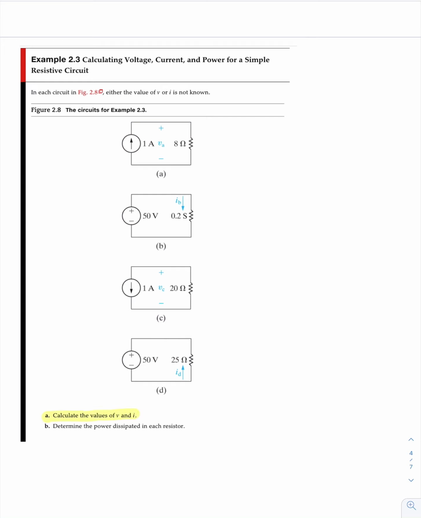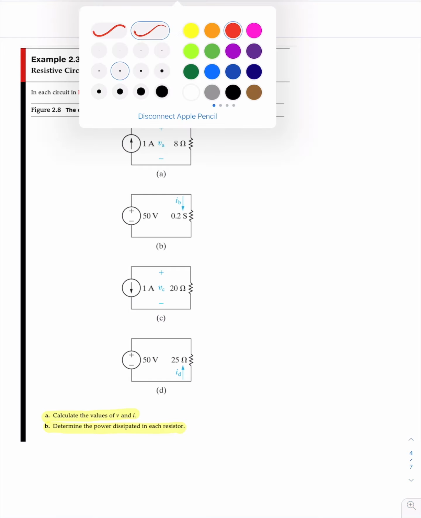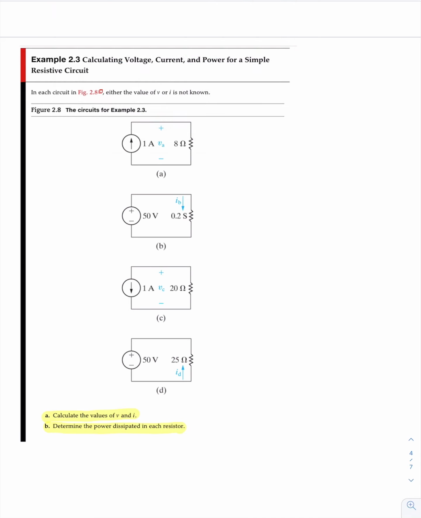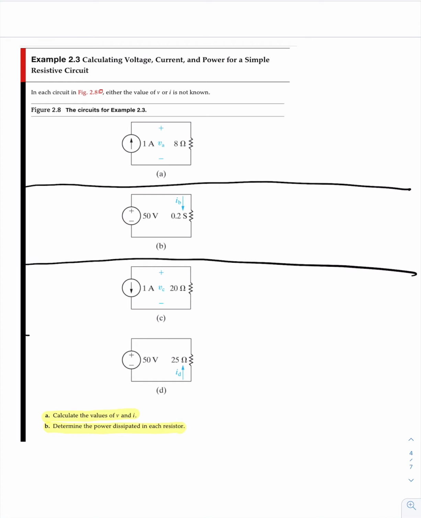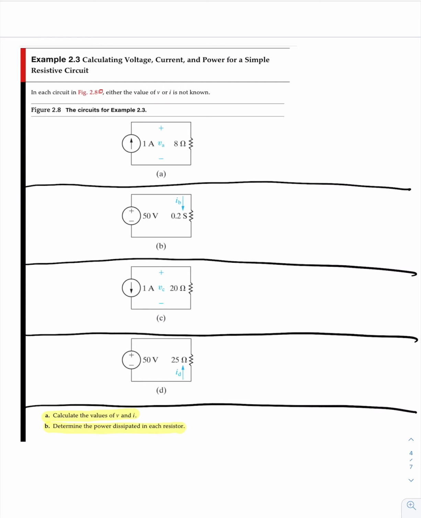And then we will determine the power dissipated in each resistor. All right, so let's set some lines here. And I'll try to stay within the lines.